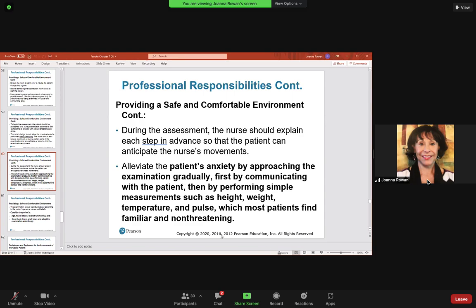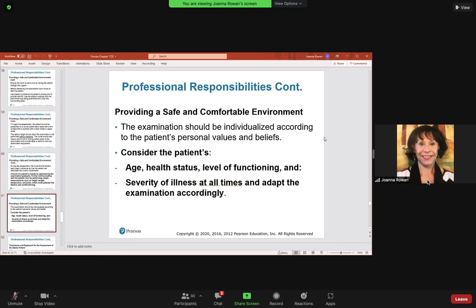But most hospitals, they will rely on the CNA to do the vital signs. The examination should be individualized according to the patient's personal values and beliefs. Consider the patient's age, health status, level of functioning, and severity of the illness at all times, and adapt the examination accordingly.